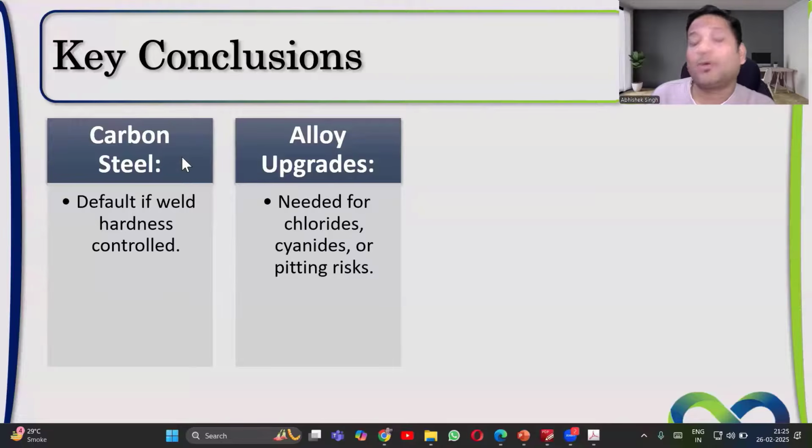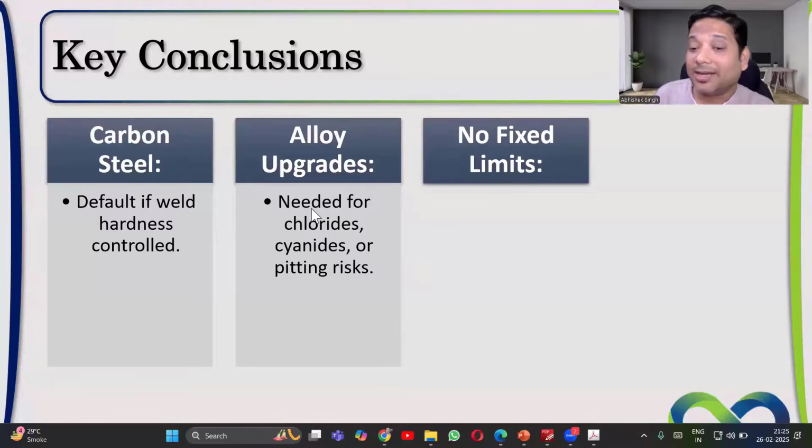Carbon steel is normally limited to 100 kPa. It's not directly given, but that is a very high partial pressure of H2S for carbon steel material. So there we change to stainless steel or higher alloys. Nickel alloys are good for high chloride, high cyanide percentage.